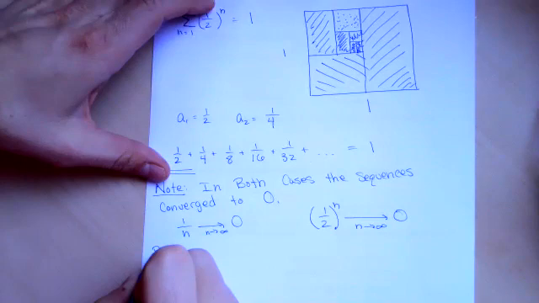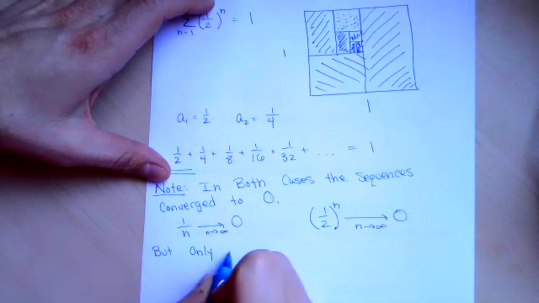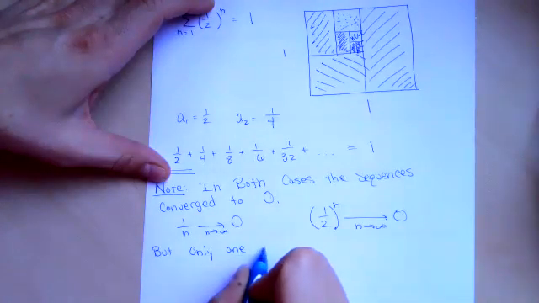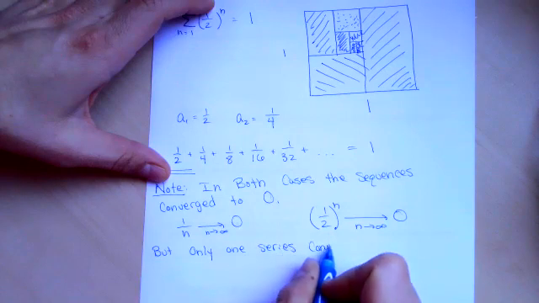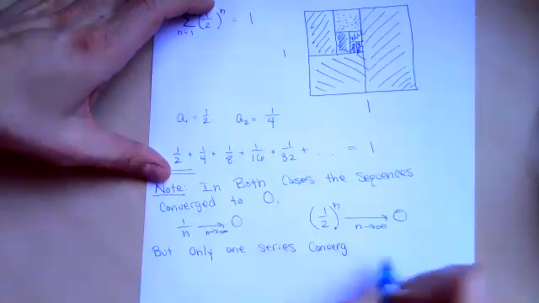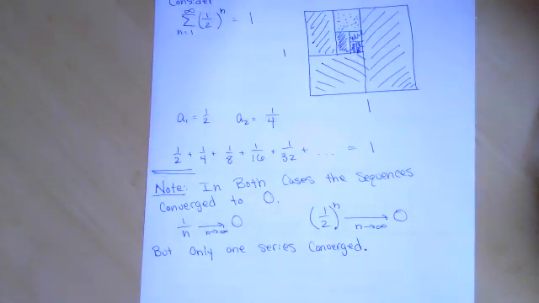But only one series converged. So it turns out that the sequence going to 0 is going to be a necessary condition.